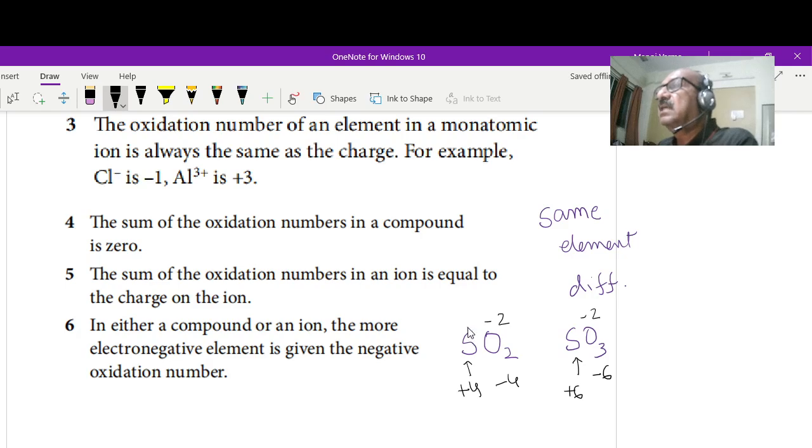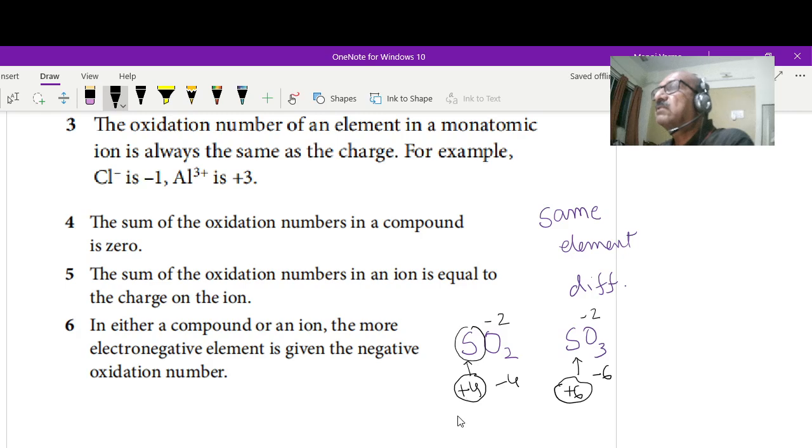So see, sulfur is having a +4 oxidation number in sulfur dioxide, but it is having a +6 oxidation number in sulfur trioxide. So the same element can have different oxidation numbers because it depends upon the other element and the number of atoms of the other element with which it is combined.